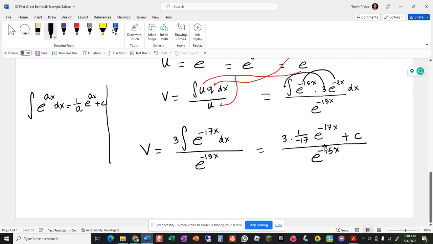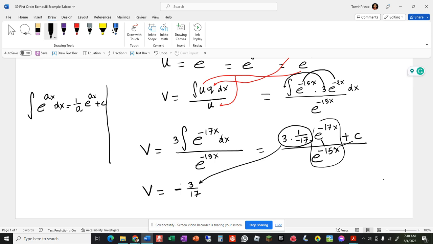Now let's just distribute this. So I get v equal to, when I distribute, negative 3 over 17. So this one, that's negative 3 over 17. Now when I divide, I subtract.